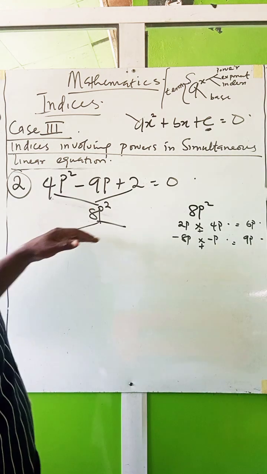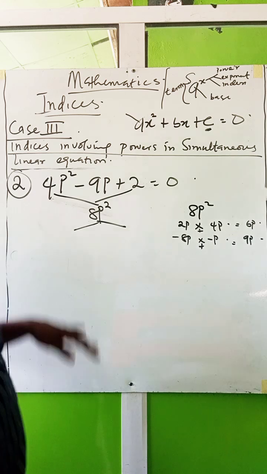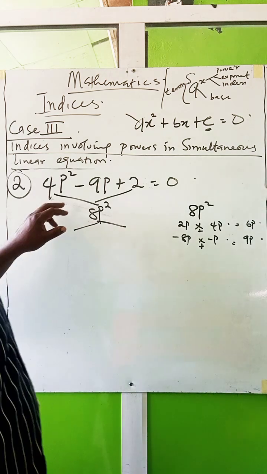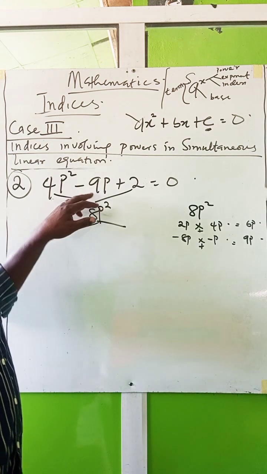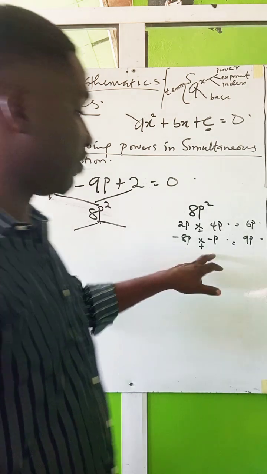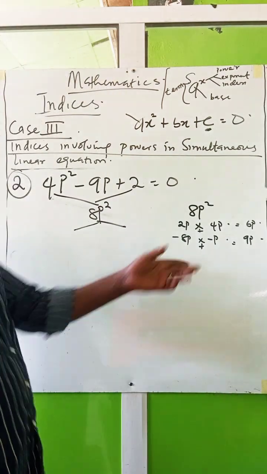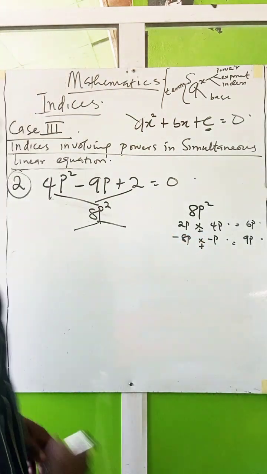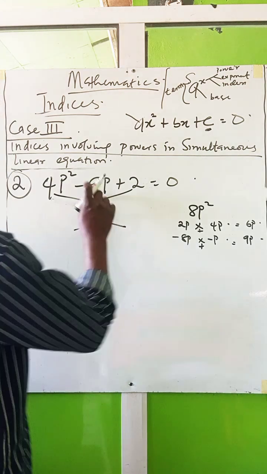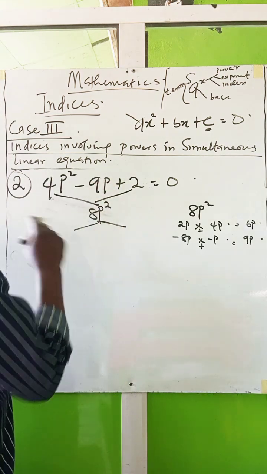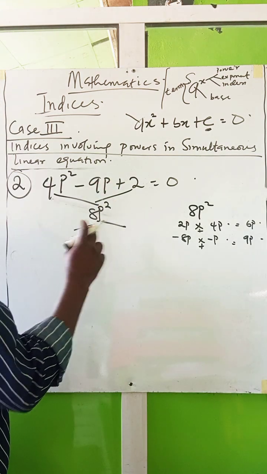So the next step of the solution says that instead of writing your 9p, the addition of these will give us 9p, so let's put this there instead of rewriting the original equation the way it was.